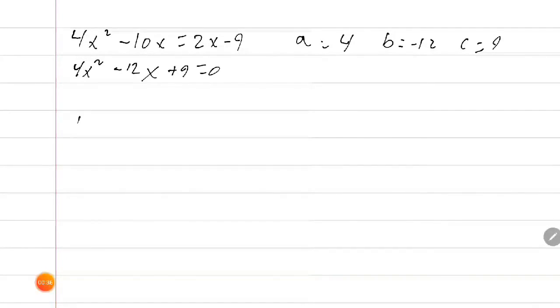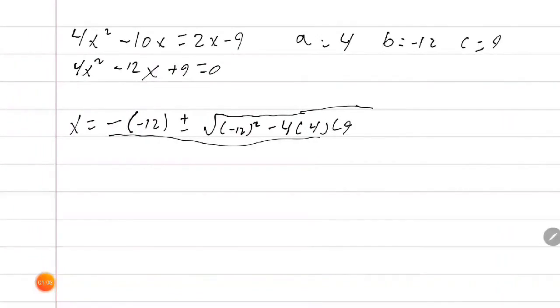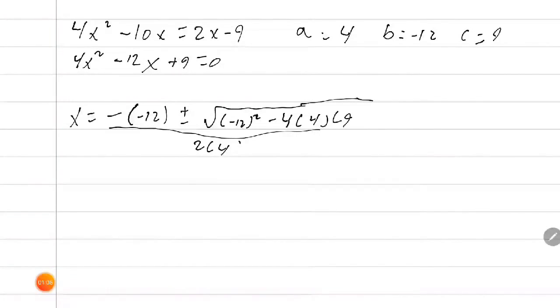All right, quadratic formula. x equals negative b, so b is negative 12, so that's a positive 12, plus or minus the square root of negative 12 squared minus 4 times a, which is 4, times c, which is 9, all over, not 2 times 1, but 2 times 4.